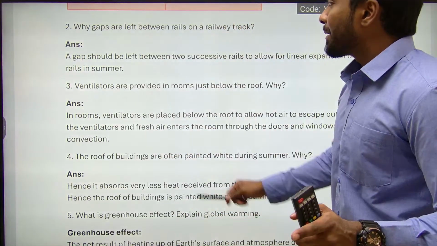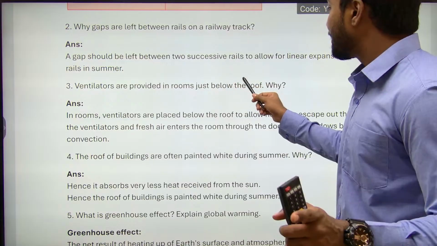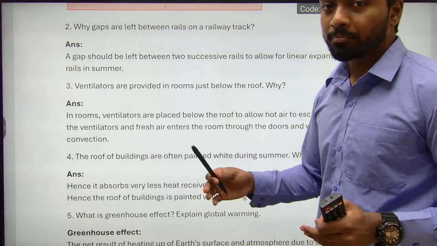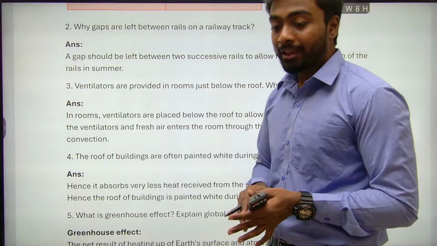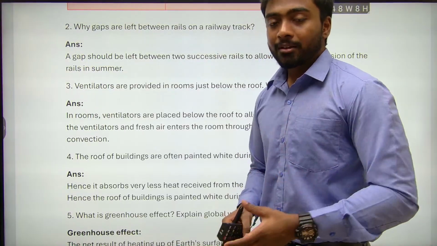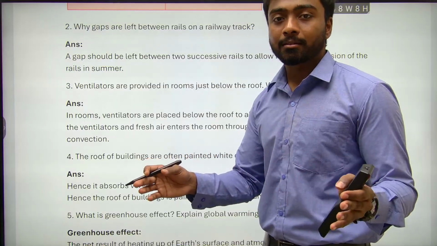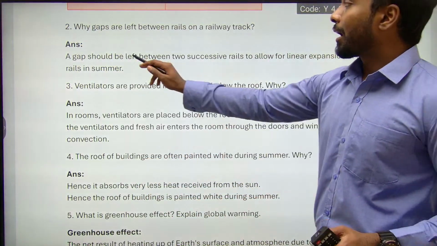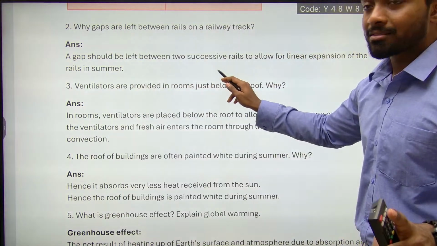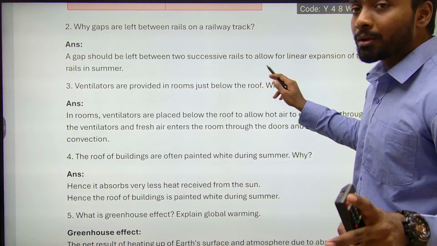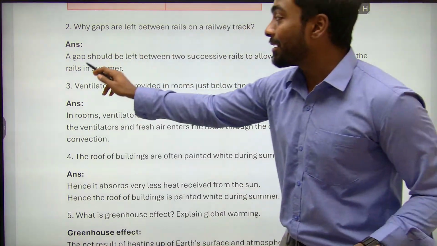A gap should be left between two successive rails to allow linear expansion. Linear expansion means that when it is summer, the metal parts expand. So a gap should be left between two successive rails to allow for linear expansion of rails in summer.